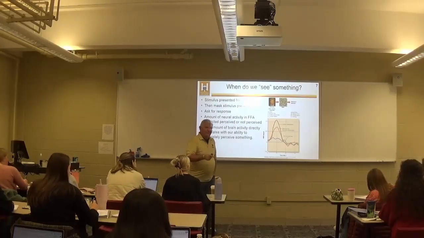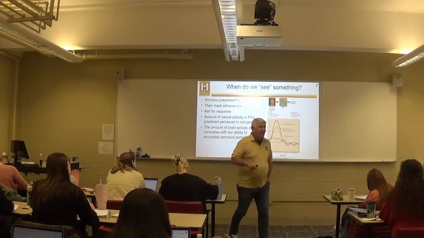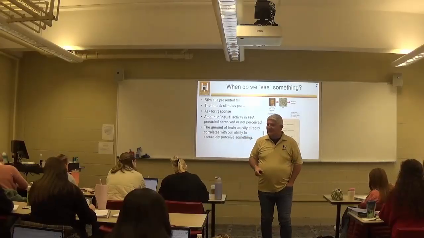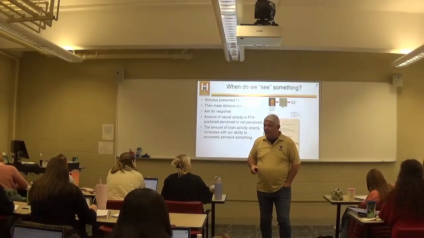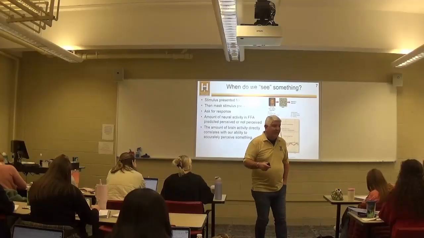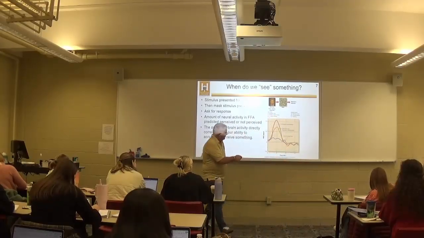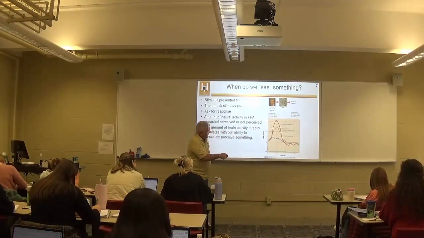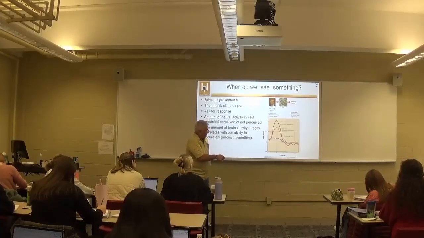But what's interesting is if they were shown a face and they said, yeah, I didn't see a face on that trial, right? They incorrectly said that. It was sort of this intermediate level of activity, right? So down here they don't see a face, there's no activity.